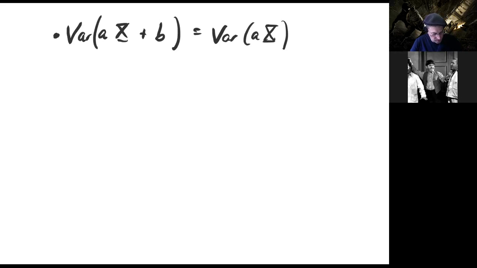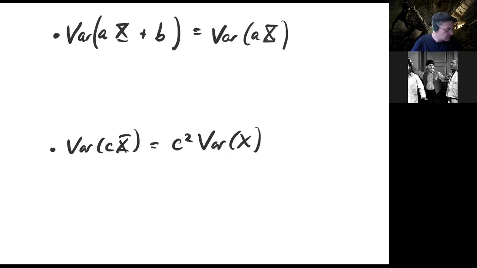There's another property that I want to mention: if you take a constant c times x, then the variance has a rescaling property. It's the same as c squared times the variance of x. I'm not going to do this computation for you, but it's very simple. It's a rescaling by c squared on the outside.